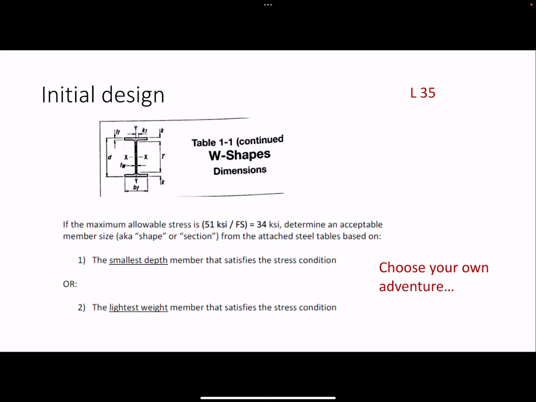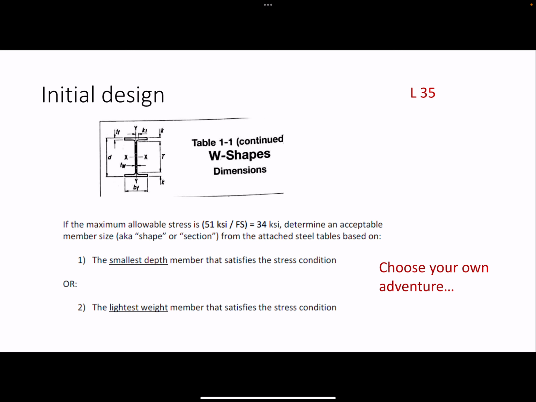So using 34 ksi as your maximum allowable stress, you're going to determine an acceptable member size. And when I say member size, the wide flange section designation or shape is also used to refer to that. So W12 by 10 or whatever, not W12 by 10, that's going to be way too small.